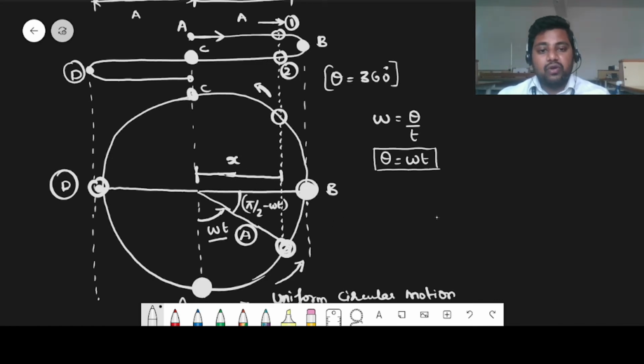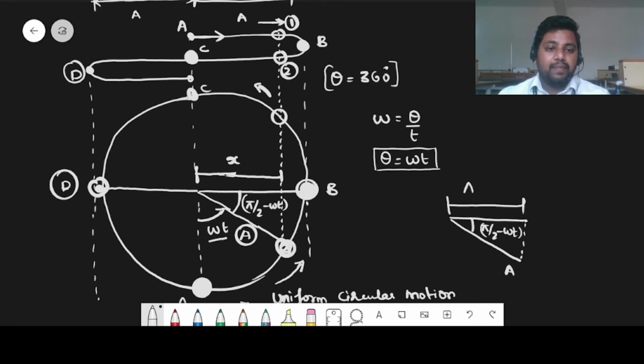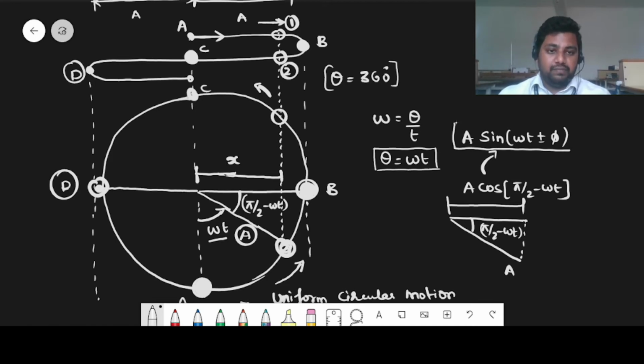If you are resolving into components, we have this one as a, and if it is making an angle pi by 2 minus omega t, you can write this side as a cos of pi by 2 minus omega t. So this can be further written as a sine of omega t plus or minus phi. So that is why we are getting an equation of SHM in this manner.